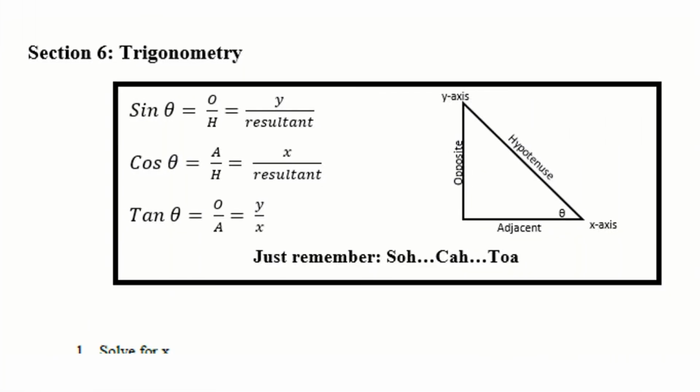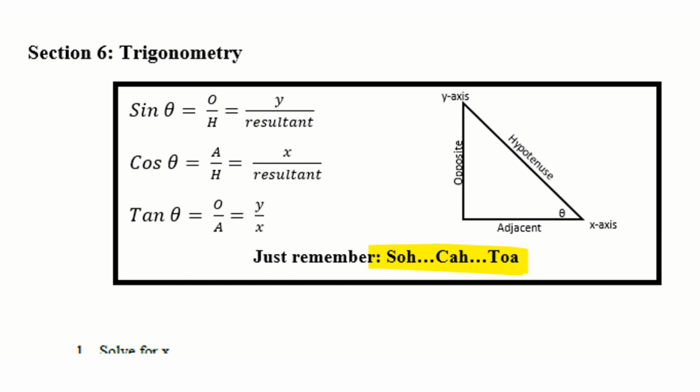Section 6, trigonometry. In this section, I want you guys to make sure that you remember this key mnemonic device, which is SOHCAHTOA. I know that you guys have probably heard this before in your math classes, and I really need you to make sure that you remember these, because that's how you're going to remember what the actual formulas for each sine, cosine, and tangent are.